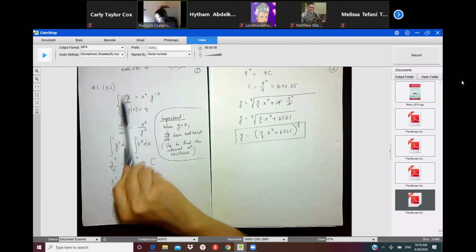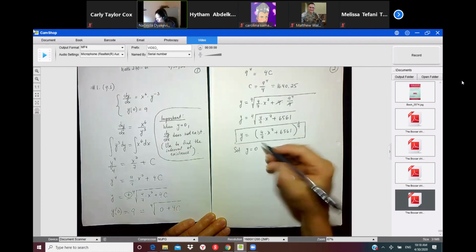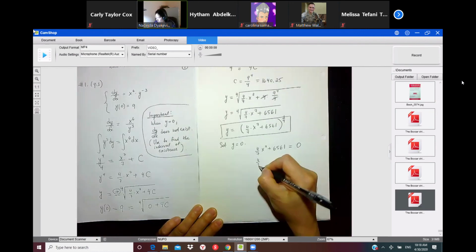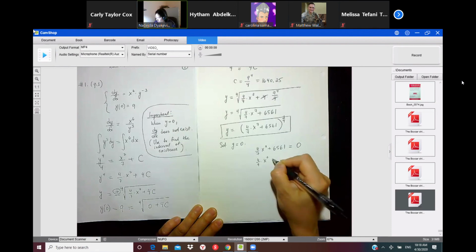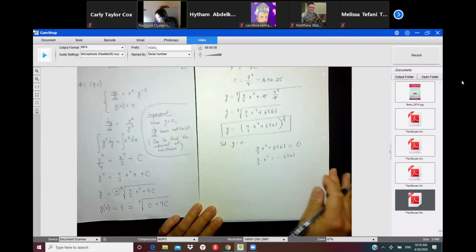We have to find when y is equal to 0. So I'm setting the expression under the root equal to 0, and I'm going to solve it. So 4 over 7 x to the 7 equals negative 6561.